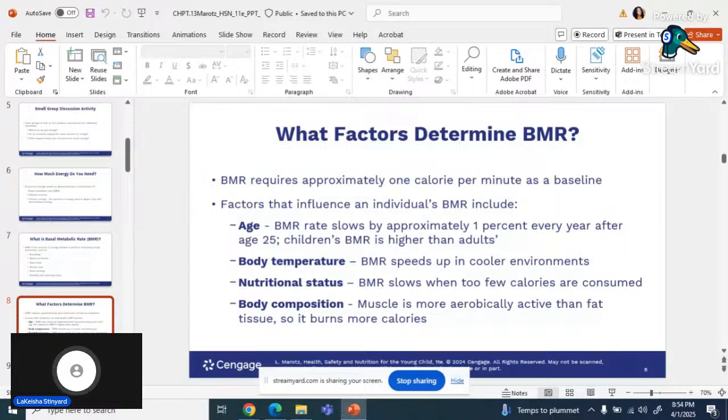Children's BMR is higher than adults'. Your body temperature: it speeds up in cooler environments, and it slows when too few calories are consumed. Your body composition: muscle is more active than fat tissue, so it burns more calories.